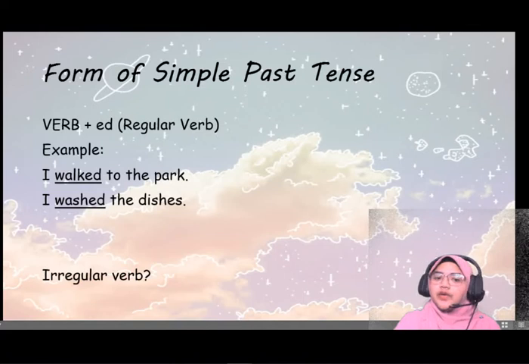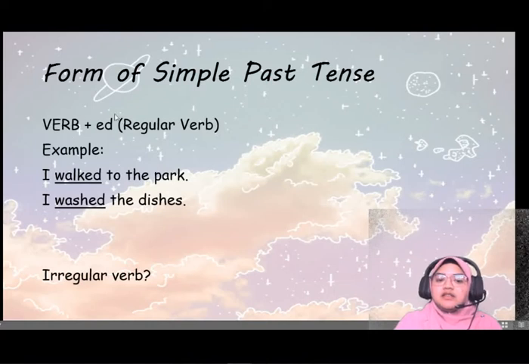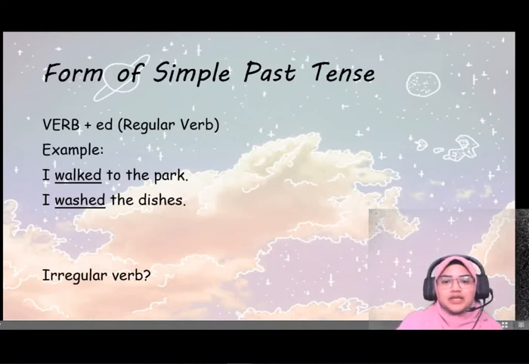What about irregular verb? Irregular verbs are verbs that do not conform to this form. For irregular verb, you cannot just simply add ed. For example, sleep becomes slept.